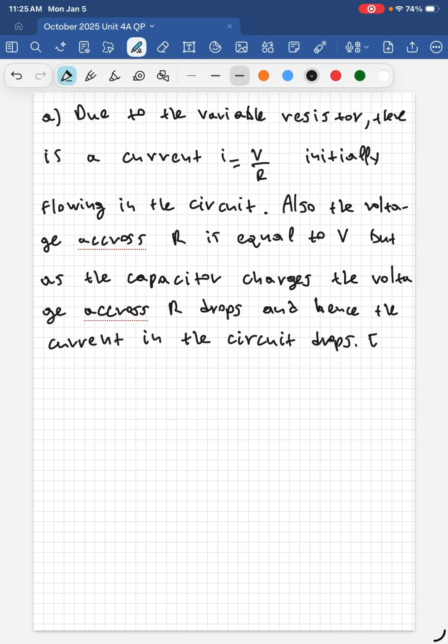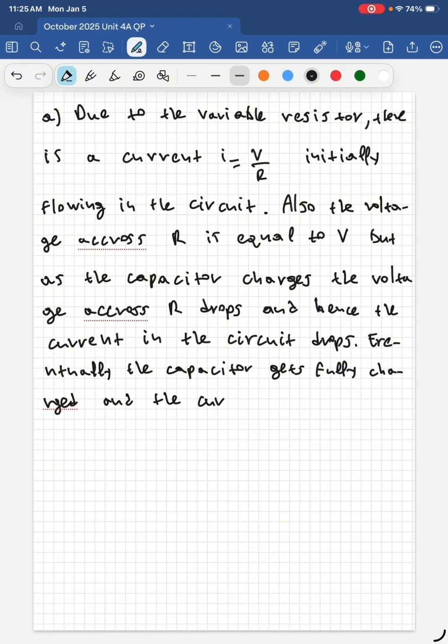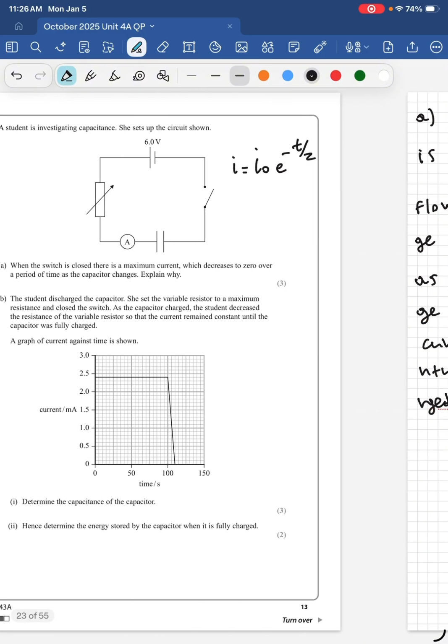Eventually, the capacitor gets fully charged and the current drops to 0.